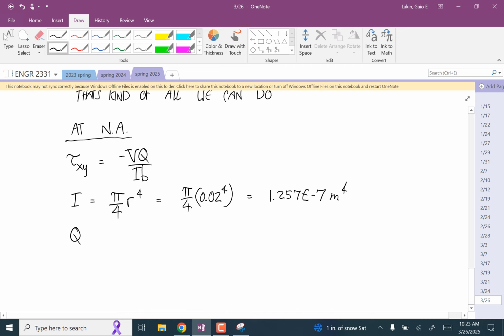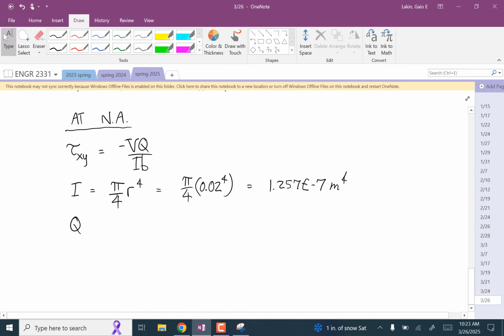Q, so we need to calculate the centroid of this upper half and then calculate this distance. The area is pi r squared over 2.